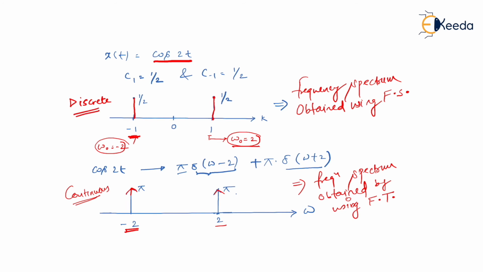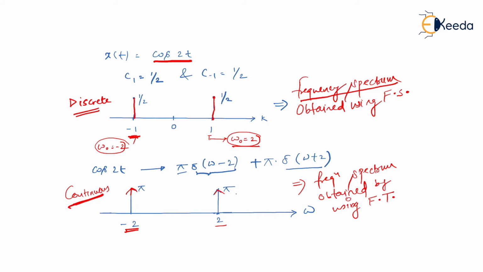If you remember, when we concluded Fourier series, we automatically got into Fourier transform. In case of Fourier series, we always get a discrete structure in the frequency spectrum, whereas the frequency spectrum for Fourier transform was continuous in nature.